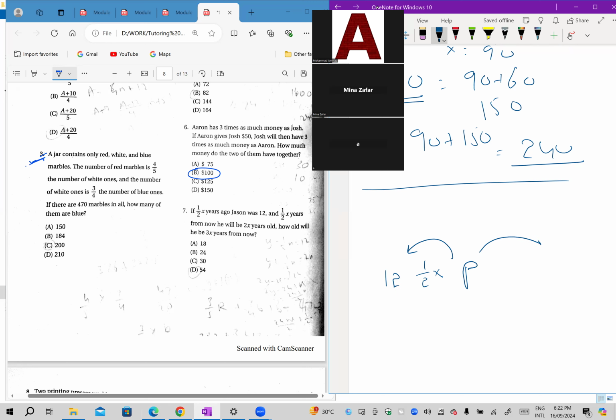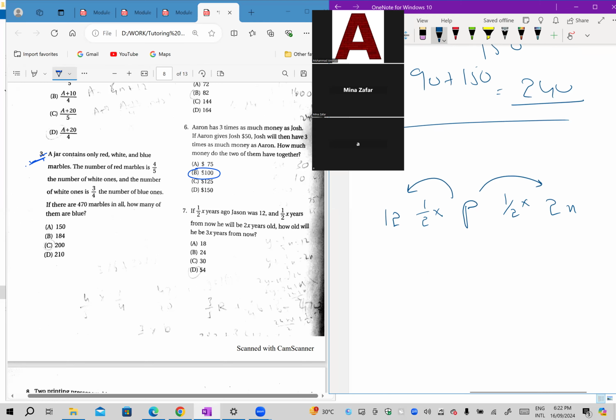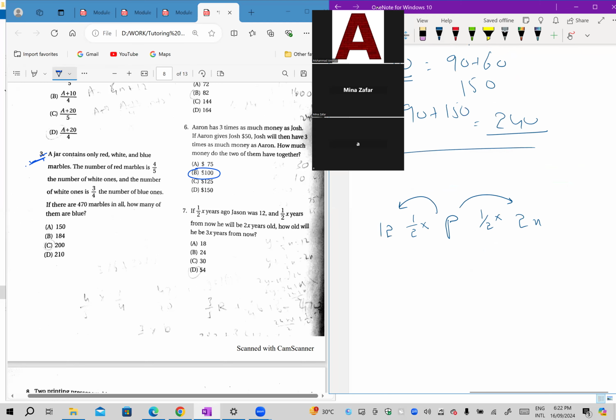And if we move half x ahead, he will be 2x years old. How old will he be 3x years from now? तो अगर प्रेजेंट से हम 3x years पे चले जाते हैं, what will be the age of Jason? This is what the question is asking.